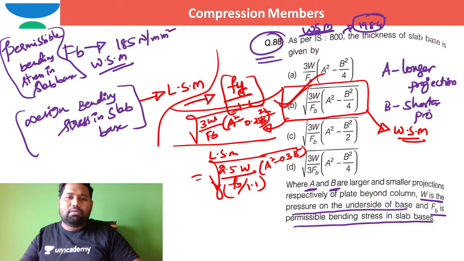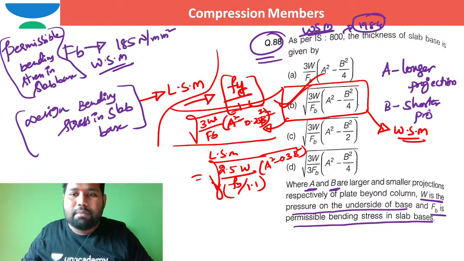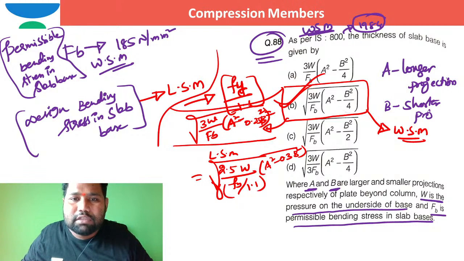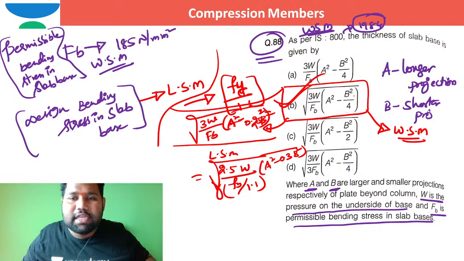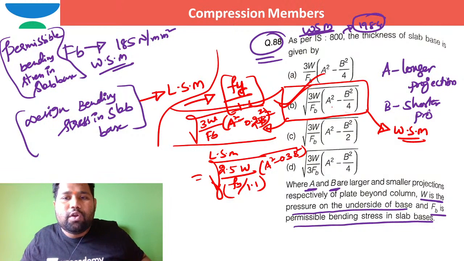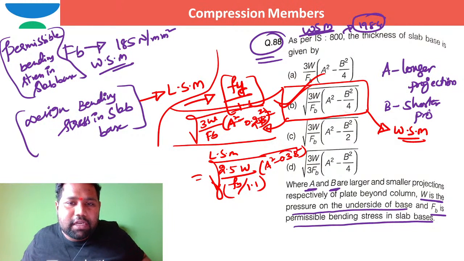Some people had a doubt: sir, what is this 1 by 4 here? This 1 by 4, which is 0.25, is nothing but Poisson's ratio for steel, taken as 1 by 4 in the old code of practice. But in the new code of practice, Poisson's ratio for steel is taken as 0.3.